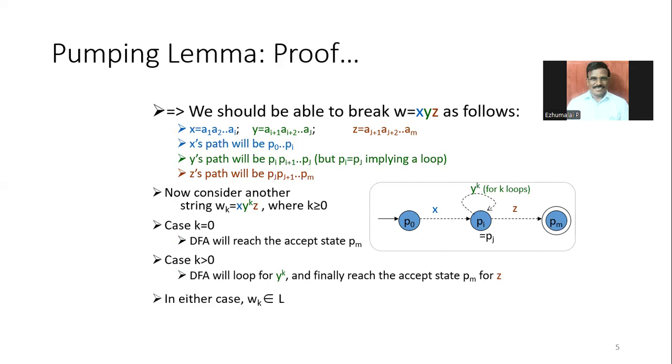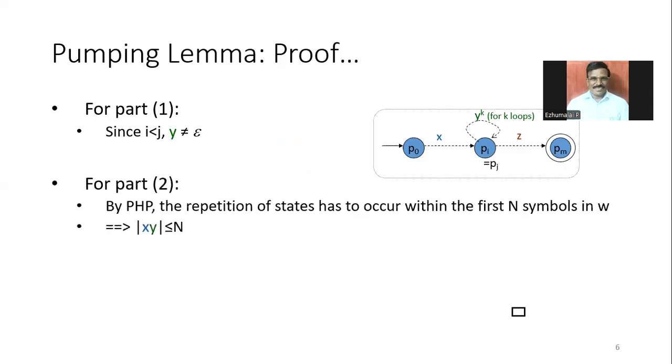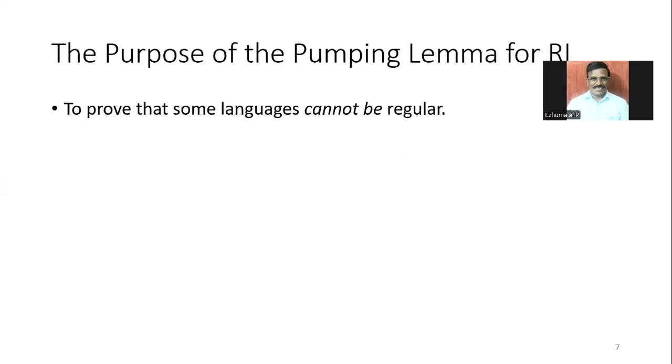So in either case, wk belongs to the language, so this proves part 3 of the lemma. Now see the diagram. Part 1: since i is less than j, y is not empty. Part 2: by the pigeonhole principle, the repetition of states has to occur within the first n symbols in w, so |xy| is less than or equal to n.